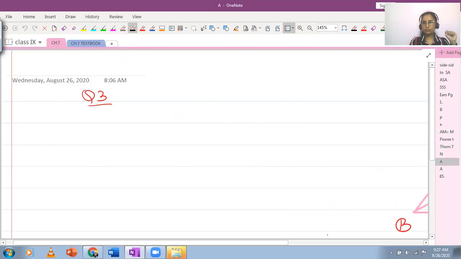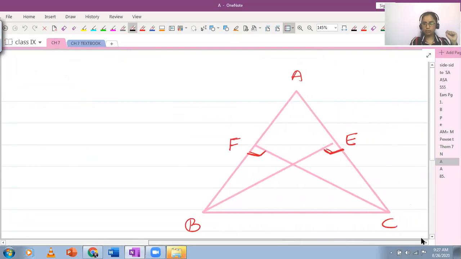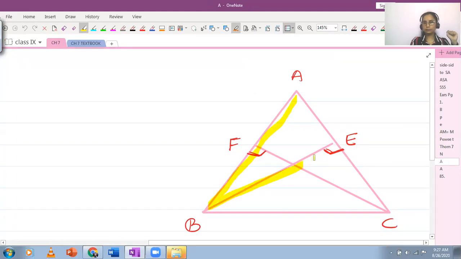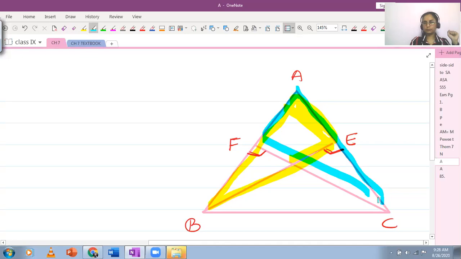You can take this triangle along with this one. You can prove the congruence of these two triangles as well.